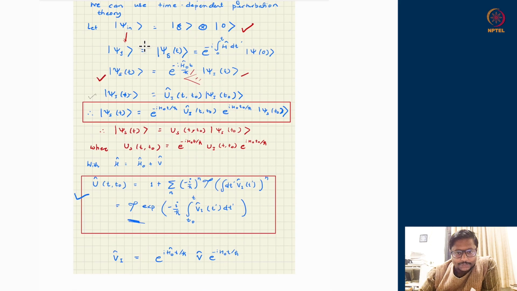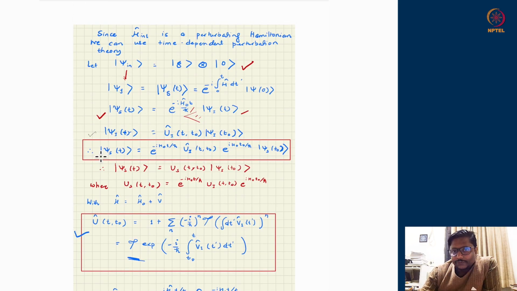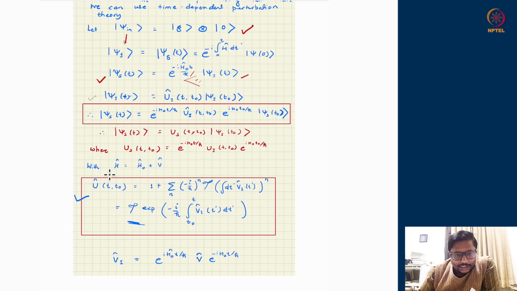We will see it in a minute, but just go back to your notes of week 2 and recollect the formula that time evolution of the interaction picture wave function is done through a unitary operator, which is this time ordered exponential, where V I is obtainable from the perturbation potential V, or H interaction in our case, squeezed between the unitary of the free Hamiltonian e to the power i H naught t upon h bar and e to the power minus i H naught t upon h bar from the right. So this constitutes for us the whole time evolution in the interaction picture.